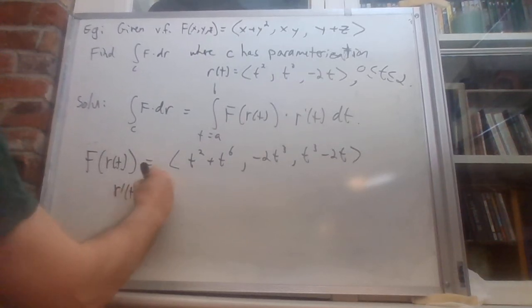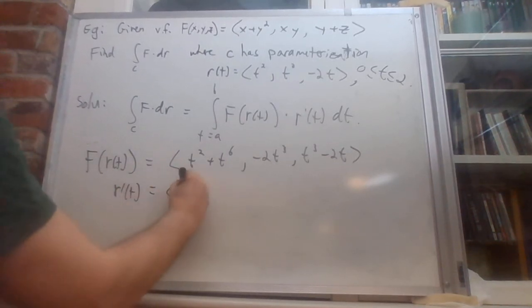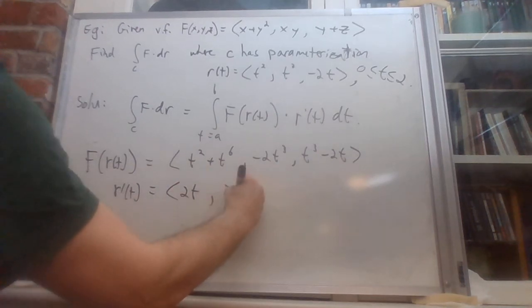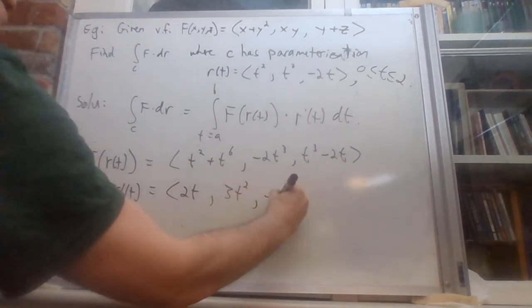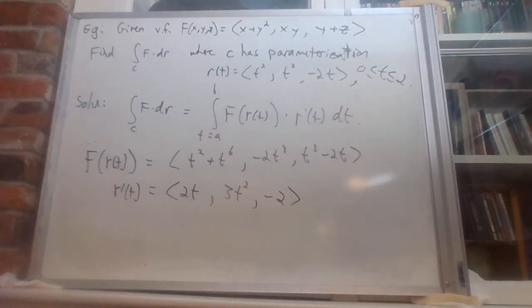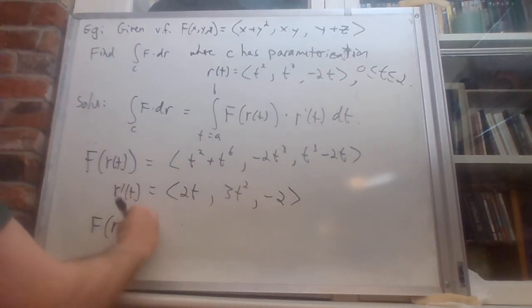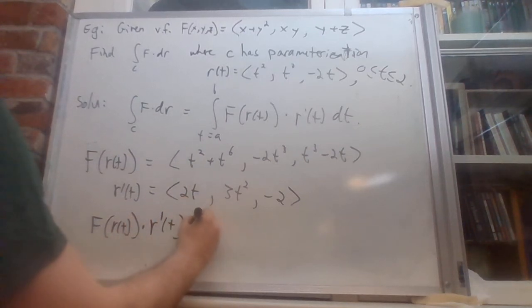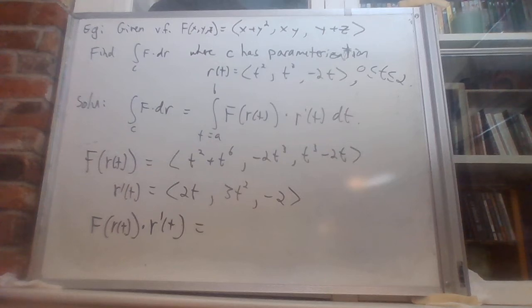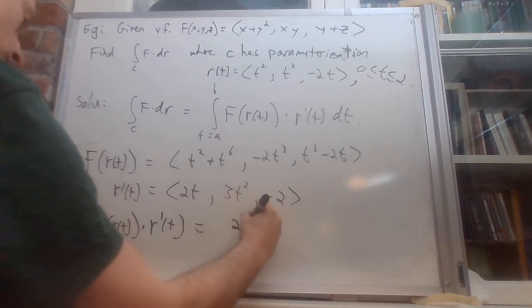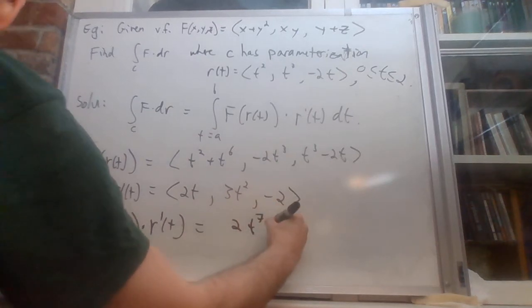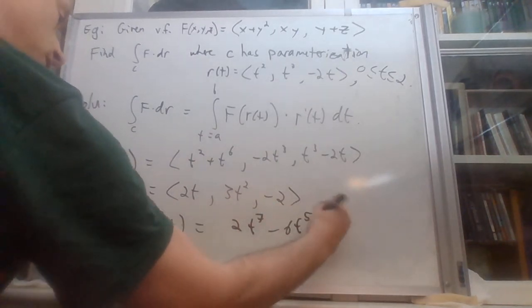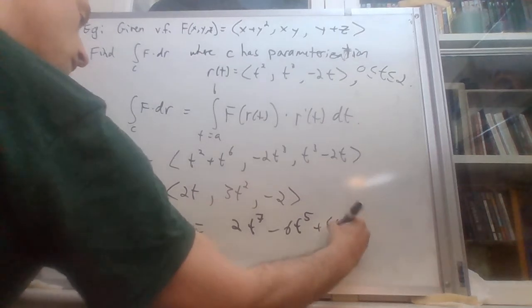Next, we need r prime of t. That's easy. It's 2t, 3t squared, negative 2. And we take their dot product. It comes out to, again, after a little bit of simplification, 2t to the 7 minus 6t to the 5th plus 4t.